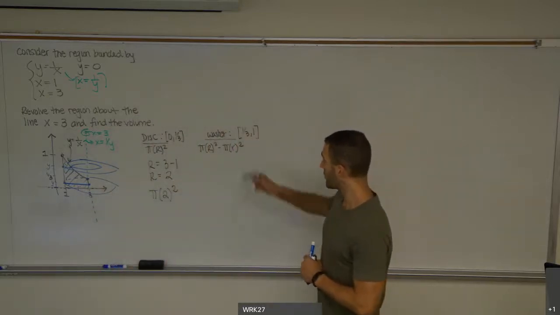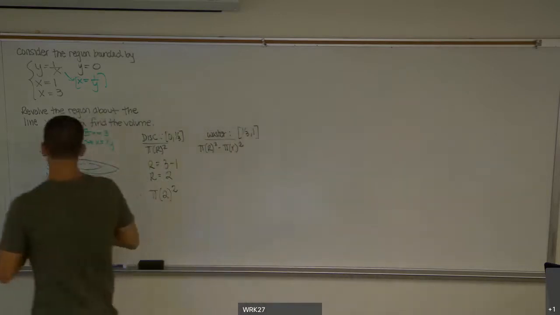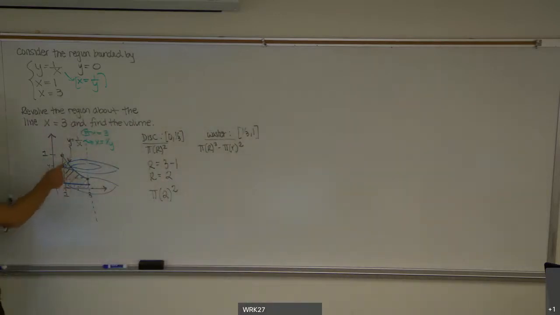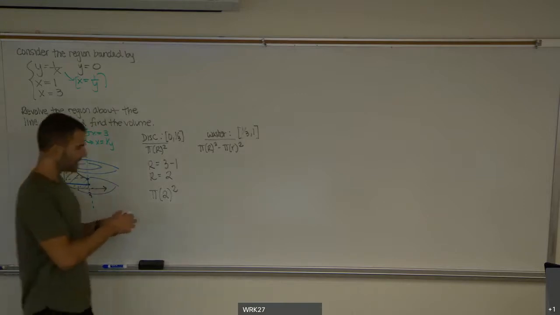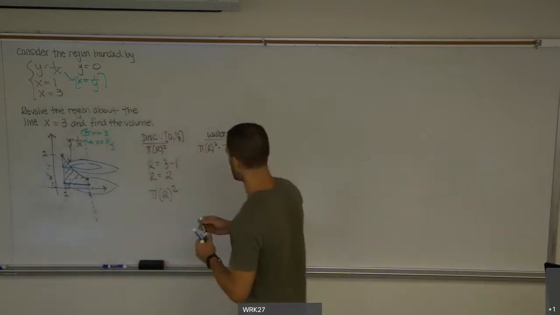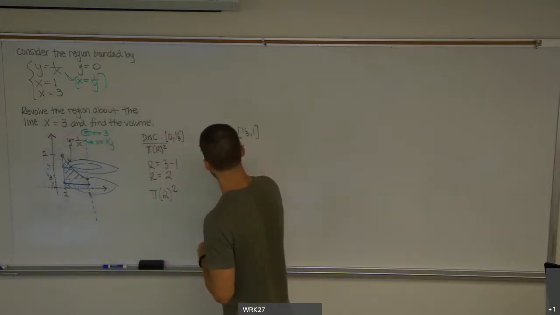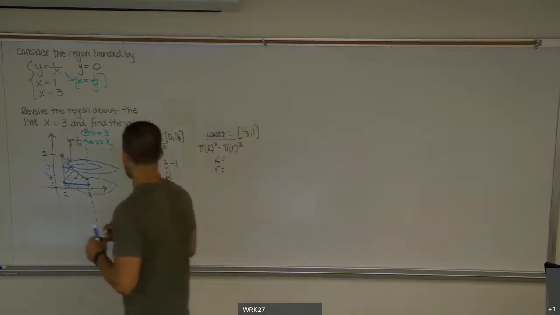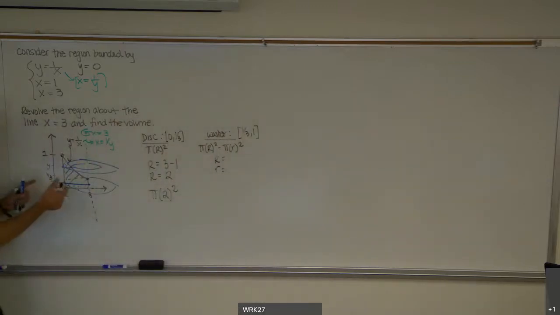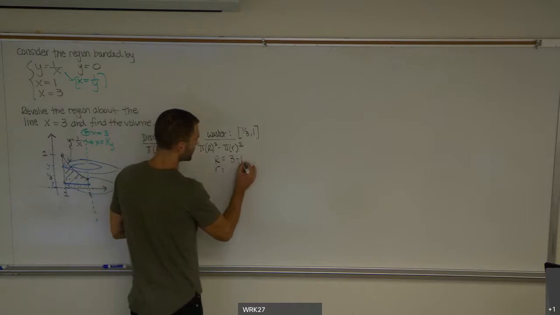Now, once we hit 1/3, between 1/3 and 1, if we take cross sections up here, now we have a changing inner radius, which is going to generate a different shape, a washer, and will give me something in terms of y. So again, we measure the outer radius and the inner radius, the larger radius and the smaller one, so big R and little r. Big R is the distance from the center to the outer edge. In this case, the center is 3, the outer edge is still on 1, and so just like before, the outer edge is still 3 minus 1, which is 2.